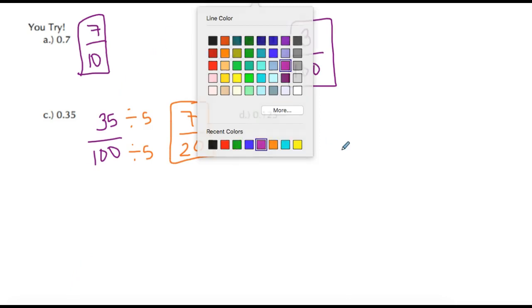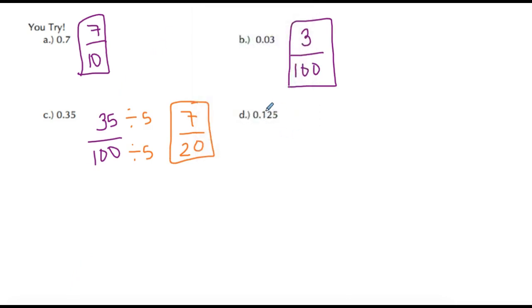One last example of this, 0.125, tenths, hundredths, thousandths. So we do 125 over 1,000. So we could look at this a couple of different ways. I'm actually going to reduce this one by 25 because I know I could make $10 and $1.25 out of quarters.